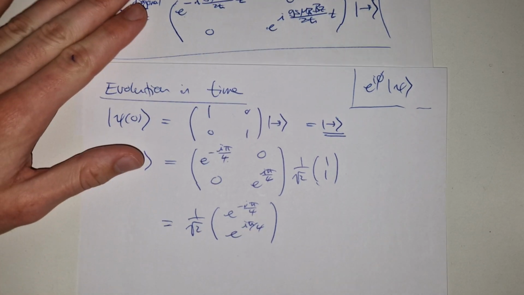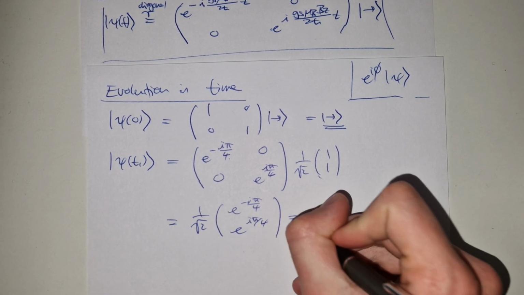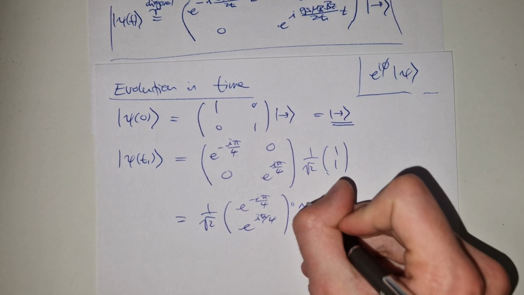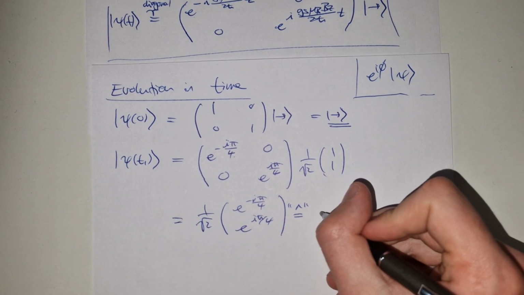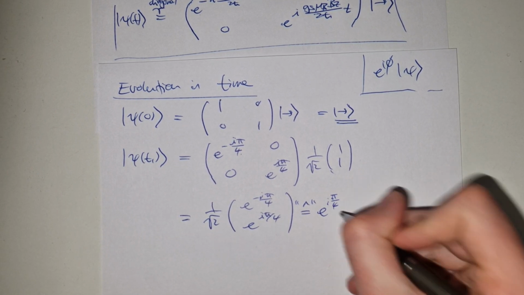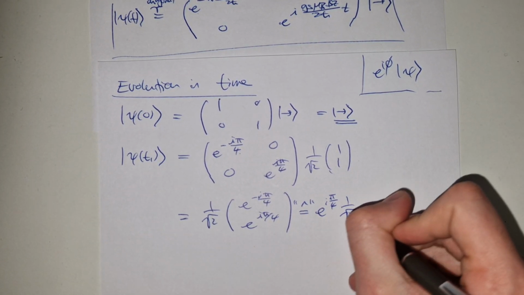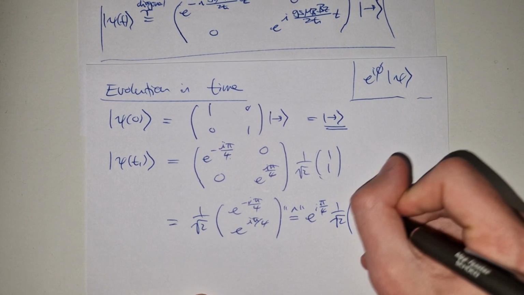So I can always multiply states with e to the i something. Okay, so this state is equivalent to this state multiplied by e to the i pi over 4, since multiplying with phases is always allowed.